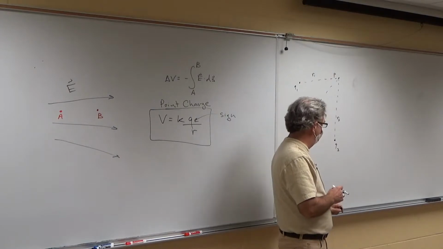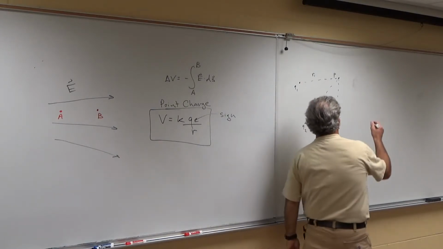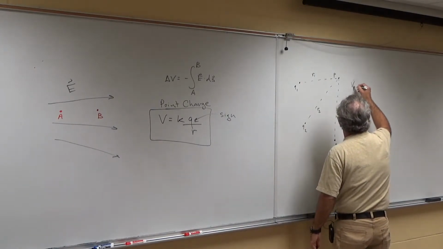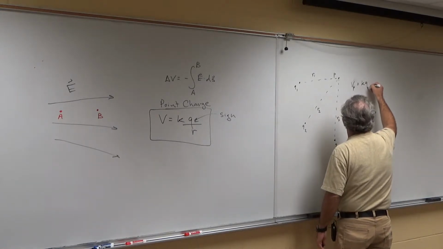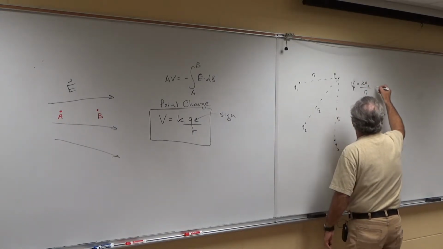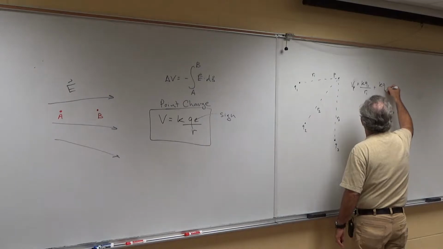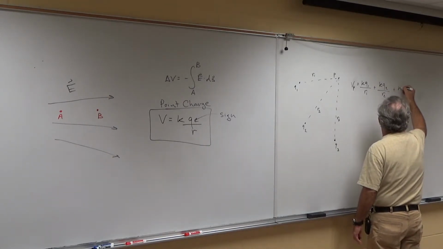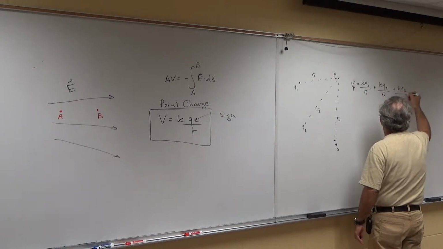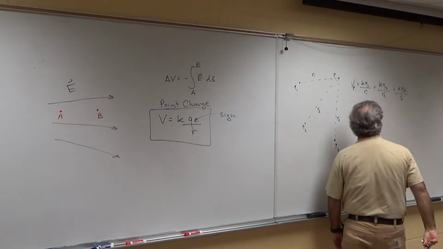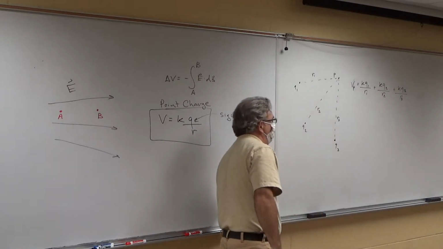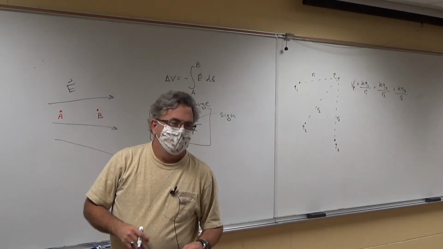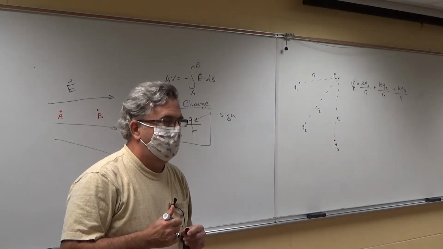R3 is the distance from Q3. If you want to know the potential at P, sum it up. KQ1 over R1 plus KQ2 over R2 plus KQ3 over R3, and as many charges as there are. Don't square R, okay?